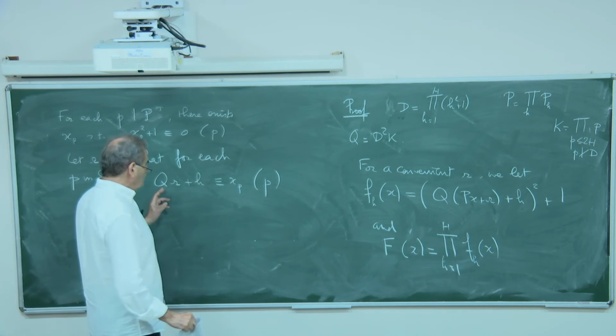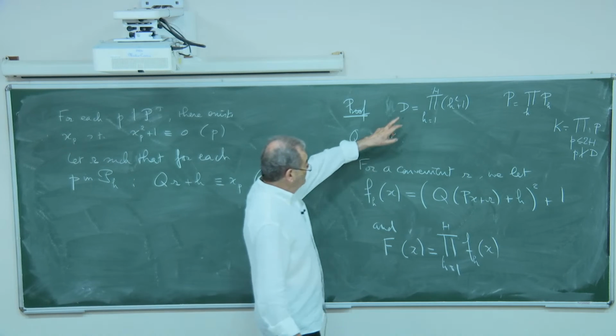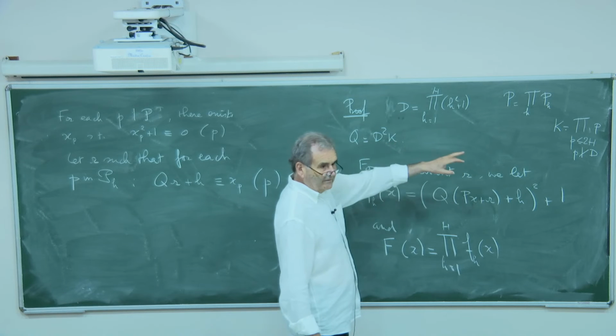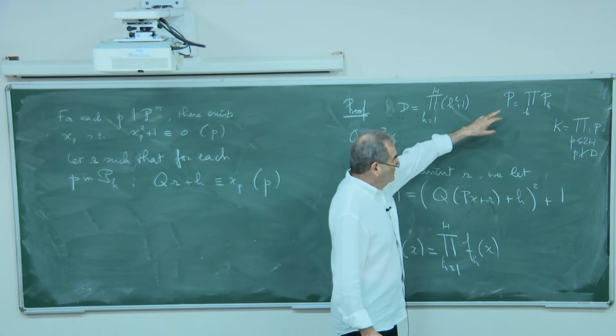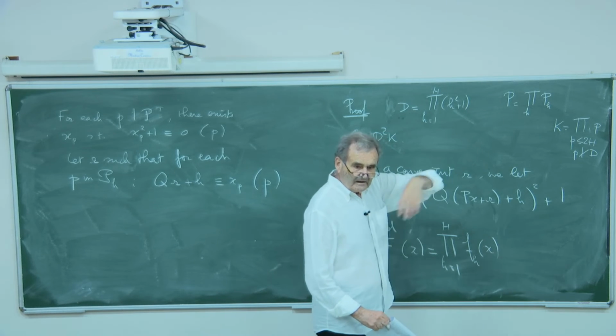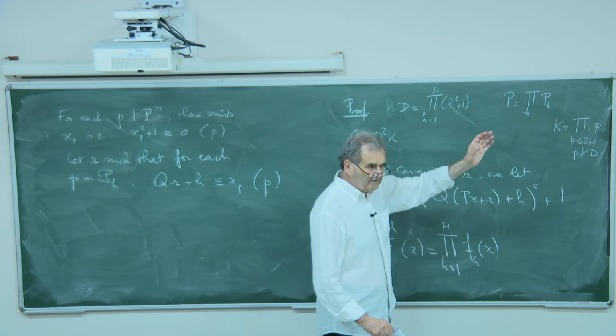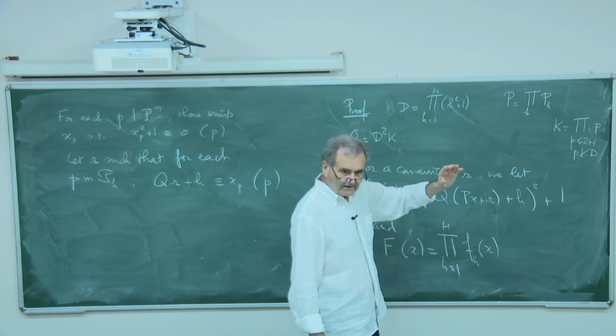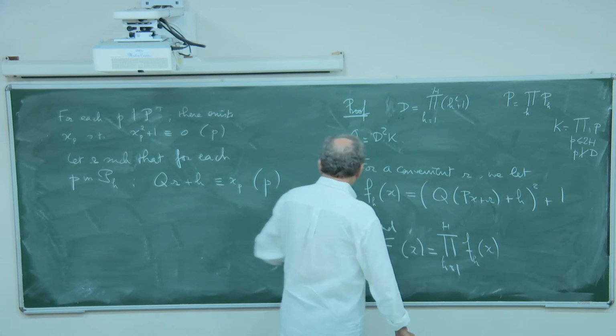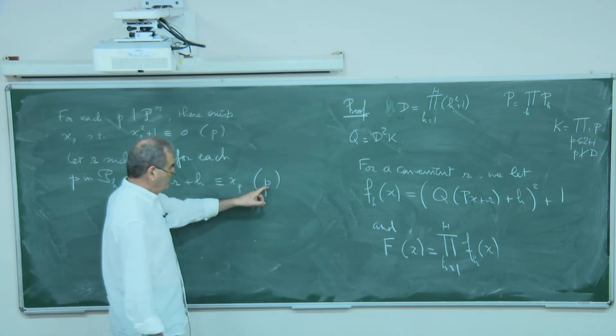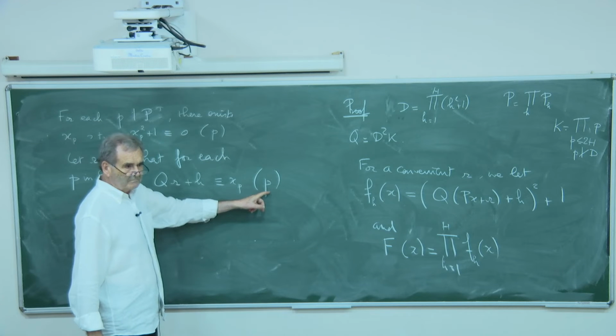You see, in Q you have only small primes, and in P we ask to have already large primes. They are larger than 4 times h squared or something like that. So they are large primes, so Q is coprime with p.